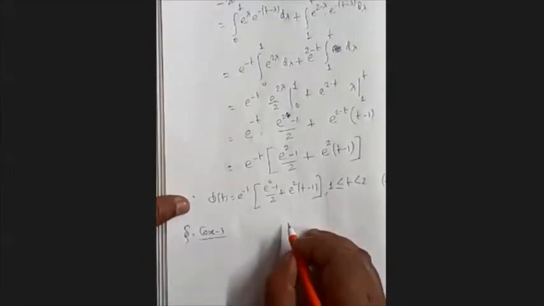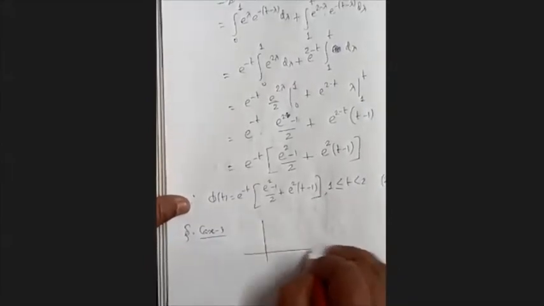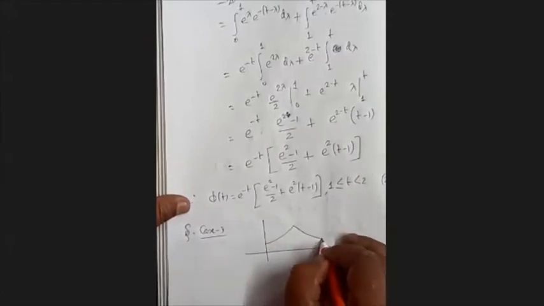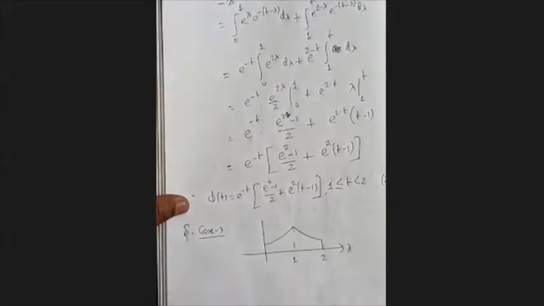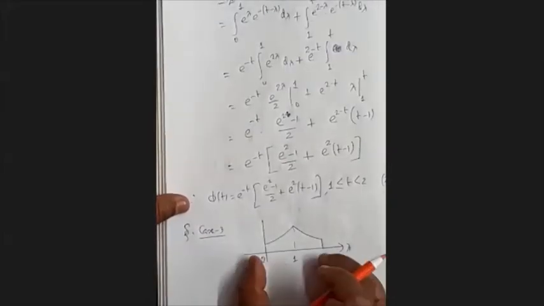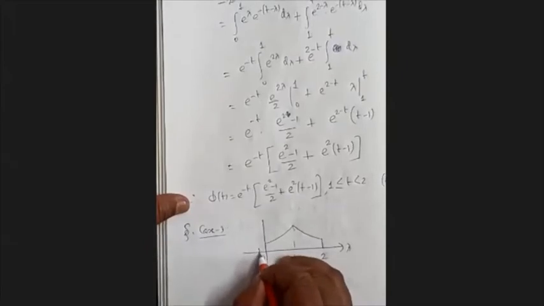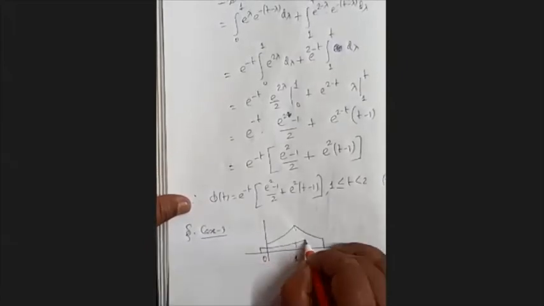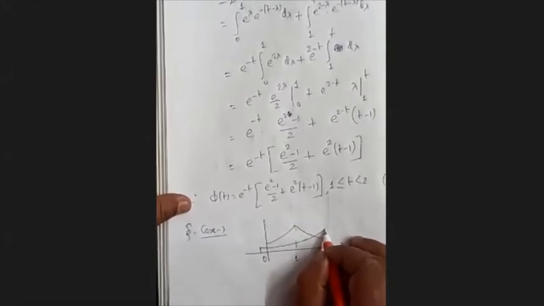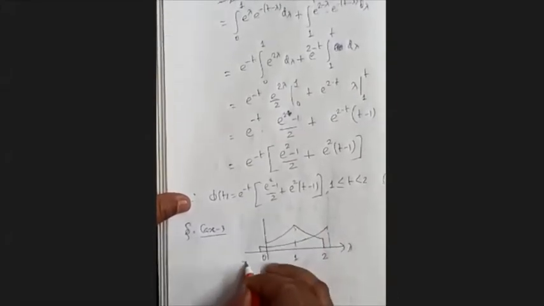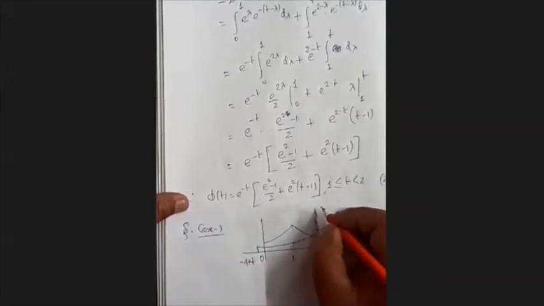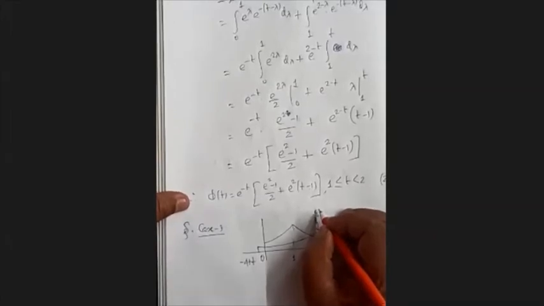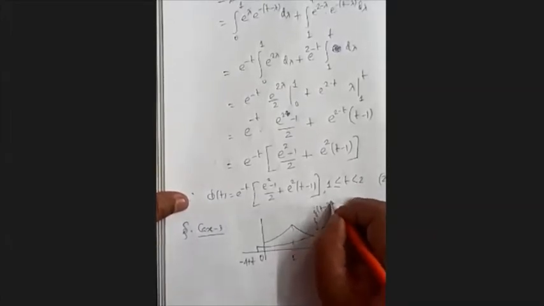In case 3, now what is its stretch? Stretch is 2. So if we consider that, like that, minus 4 plus t, and this is t. So it is g t minus lambda.